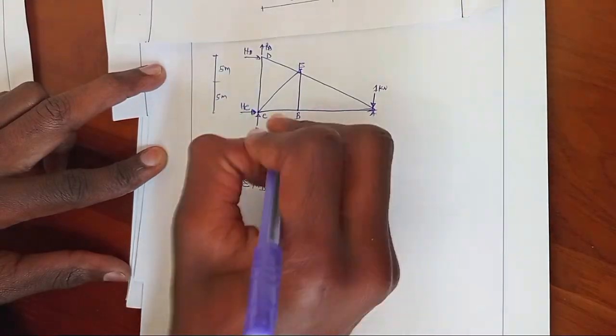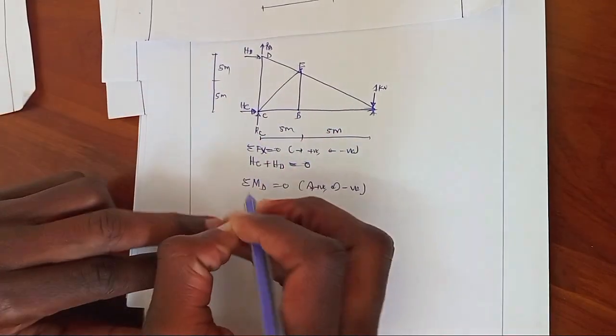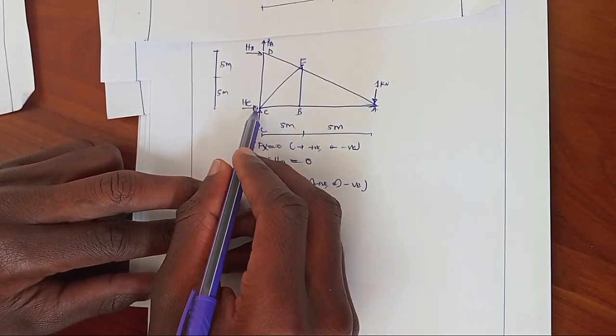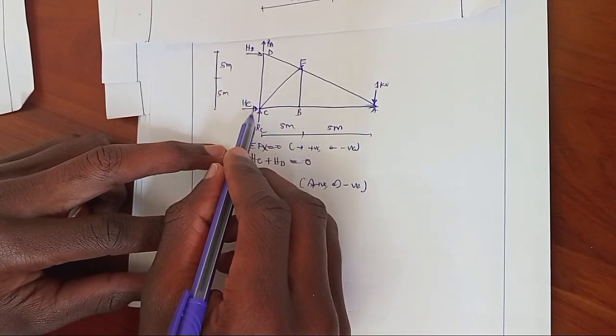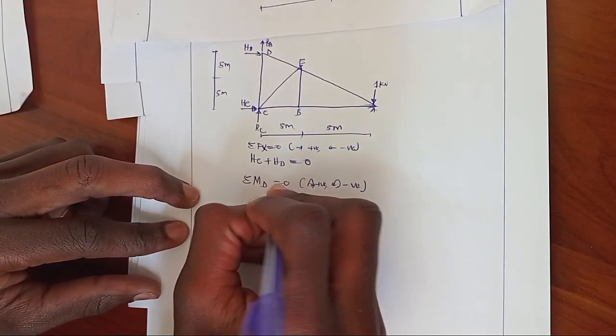HC rotates about this point in anti-clockwise direction, so it will be negative 10 HC.